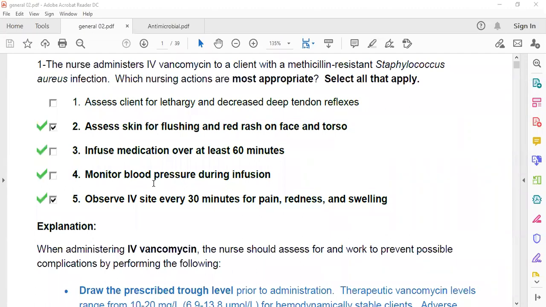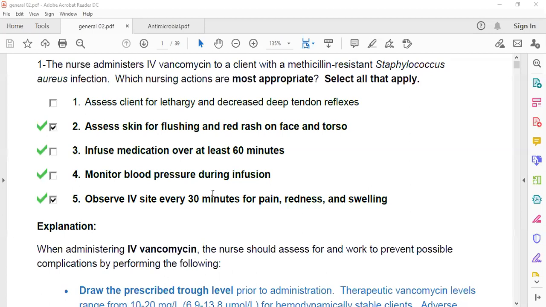We give it very slowly and observe for any kind of infusion reaction, any inflammatory change, or development of phlebitis, and later we can check kidney function to see renal toxicity. Also observe the IV site for 30 minutes for inflammatory reaction, right?